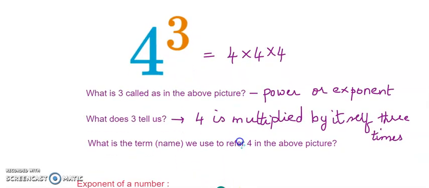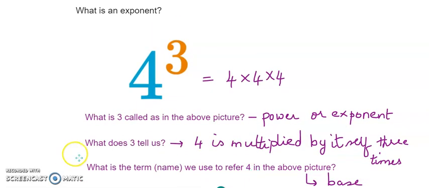It's called the base. Very good. So an exponent has two things with it. One is the number, which is called the base, which is to be multiplied by itself, and the number in the power tells us how many times the base will be multiplied by itself. So this was a quick review of what an exponent is.